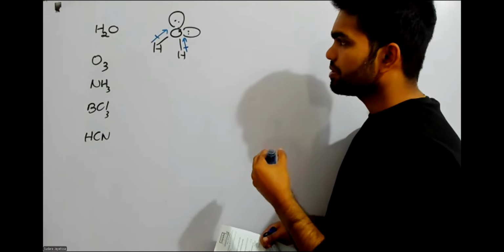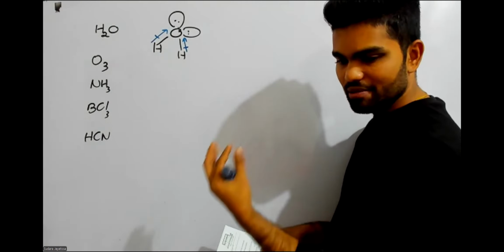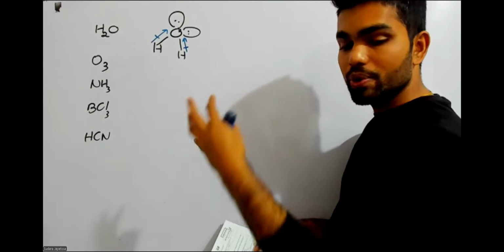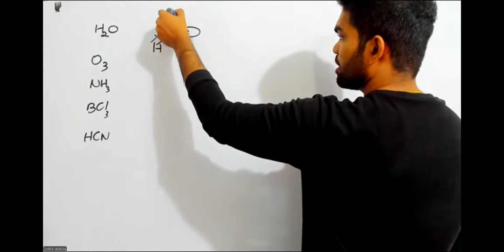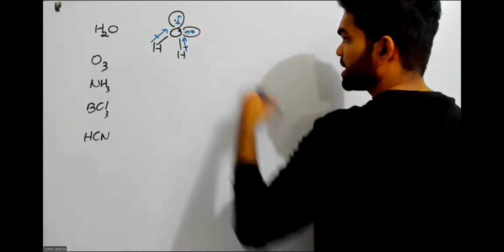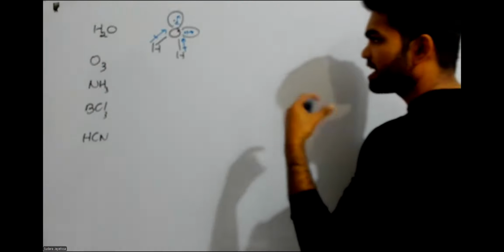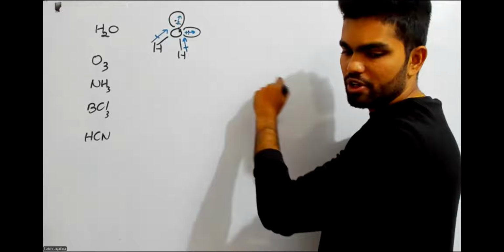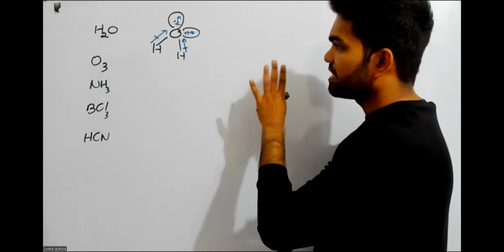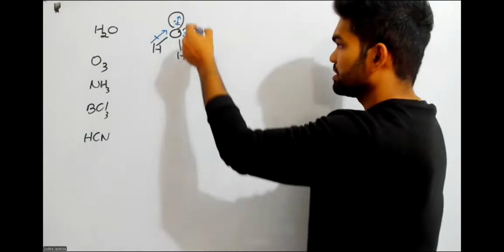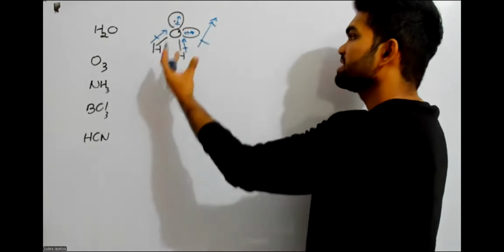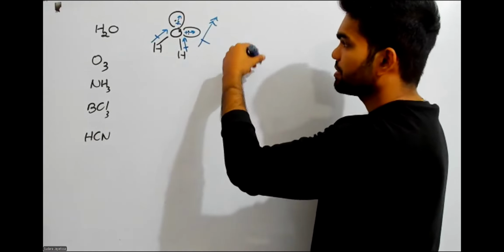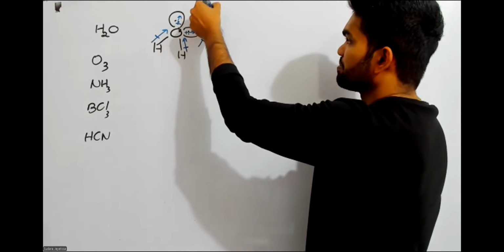It shows you how the bond is polarized, how bond electrons are pulled towards some direction. And for the lone pair also, you have a small dipole moment. So the resultant dipole moment will decide whether it is polar or non-polar. This molecule water has a resultant dipole moment towards this direction, so it is going to be polar.